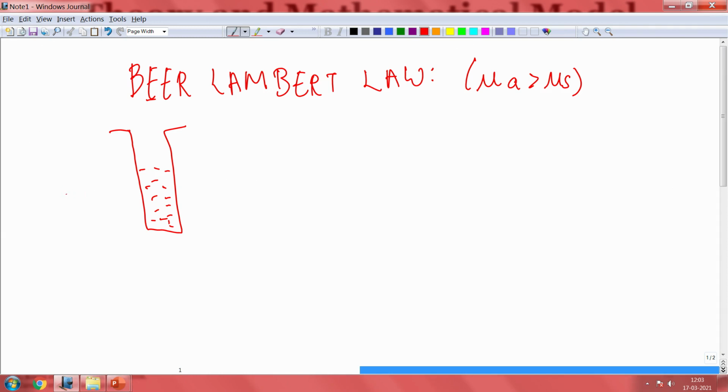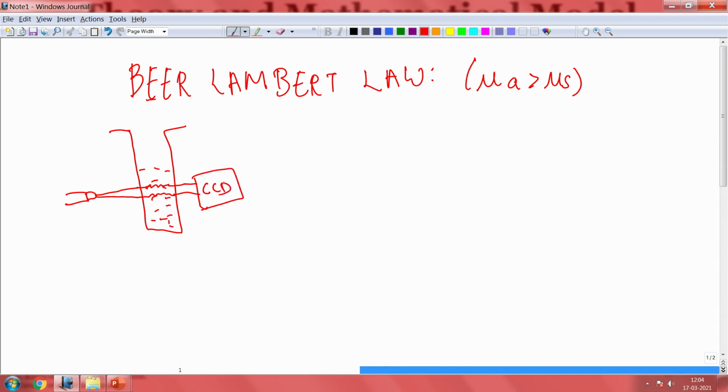And what we do is we have this LED or the laser, and we shine the laser over here, it undergoes some scattering, and then it comes out from over here, and here we have the camera.